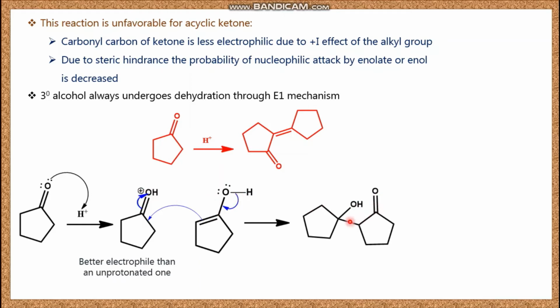Now here is the double bond to O, here one bond is formed and OH is formed. This means beta hydroxy ketone. And in the presence of acid, water will eliminate to form this condensed product. So for acyclic ketones this reaction is less favorable, and for cyclic ketones it is favorable in acidic condition.